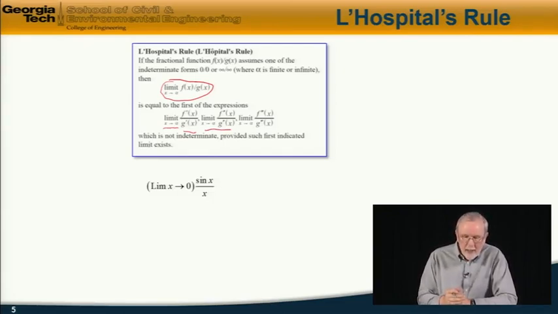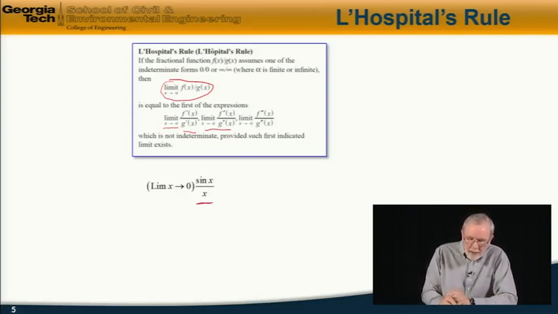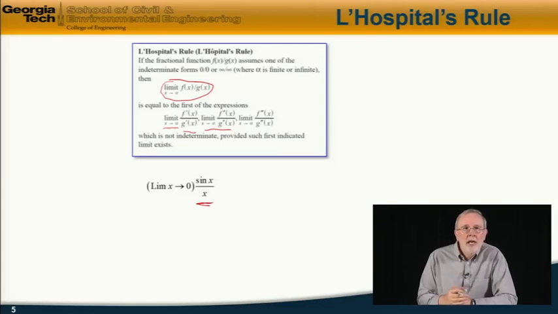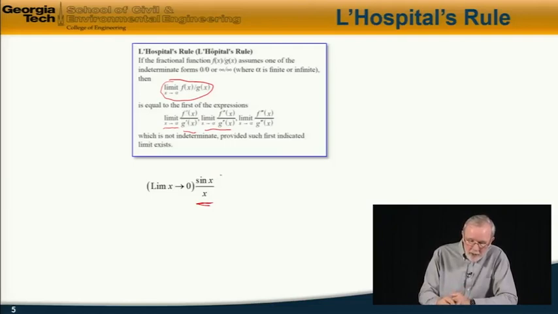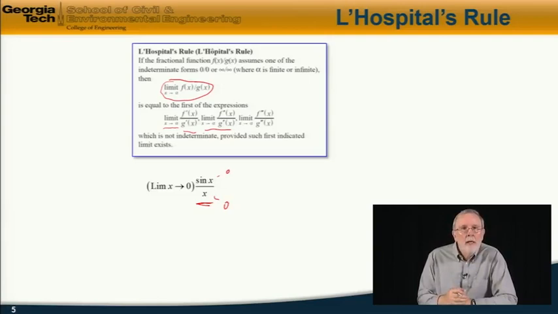And let me illustrate that by means of an example. Suppose I want to get the limit of the function sine x over x as x tends to 0. Well, that's undefined because sine of 0 is 0 and x at 0 is also 0, so that would be 0 divided by 0, which is undefined.